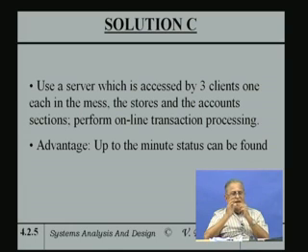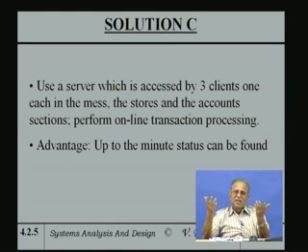So up to the minute status can be found, but it is not essential in this case, okay, because you are going to prepare the mess bill only at the end of the month once, and so having everything up to date is not essential. Once a day, at the end of the day, if I am able to find out how many items are to be issued to the store the next day, and 2-3 days ahead I know how many students will be eating and so on, that is sufficient.